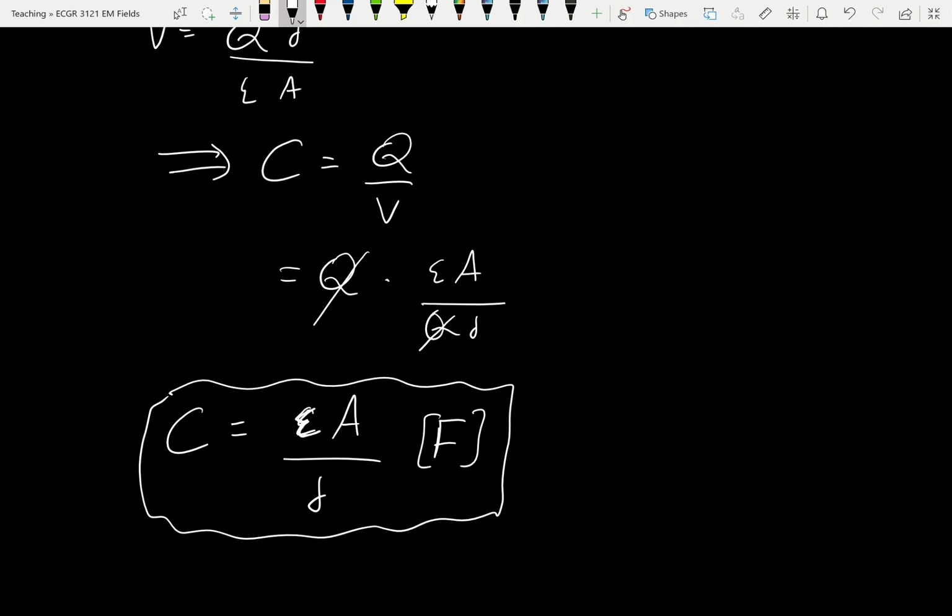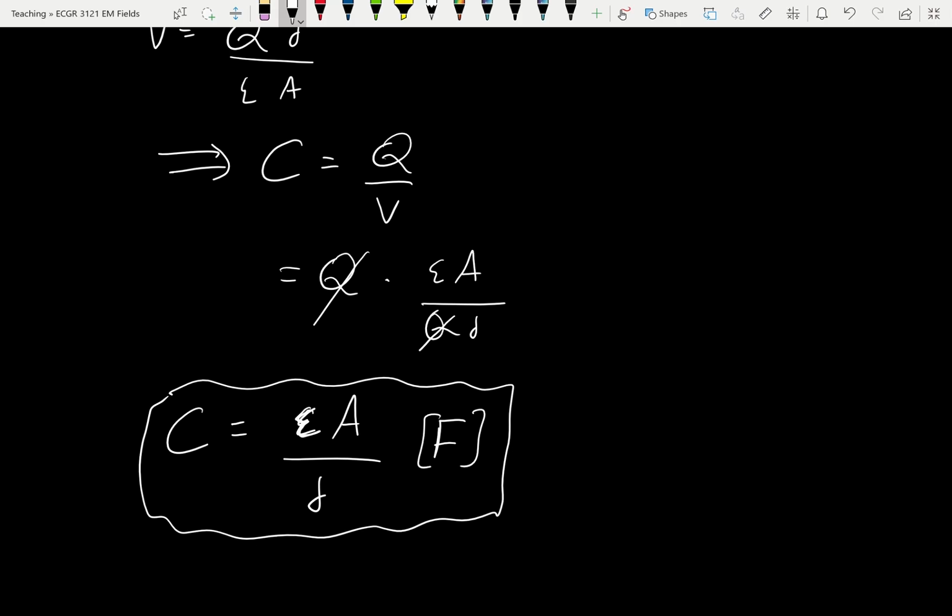So the capacitance of a parallel plate configuration is just the permittivity times the surface area divided by the distance between the plates. The more surface area you have, the higher the capacitance. The smaller the distance between the plates, the higher the capacitance.